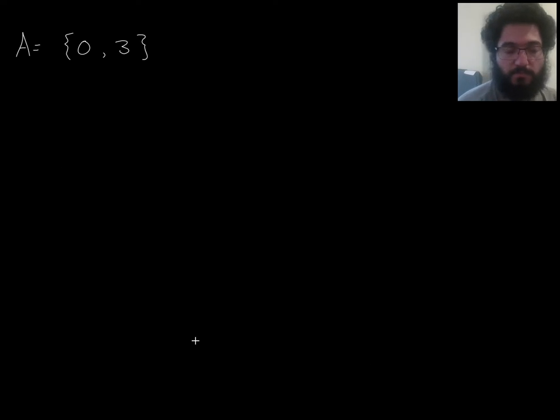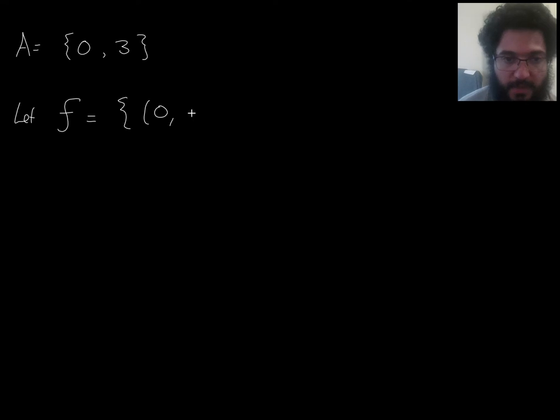Then, do you think A has 2 elements? Probably, right? How would you prove A has 2 elements? You could say let F be this set of pairs: 0, 0, and 1, 3.